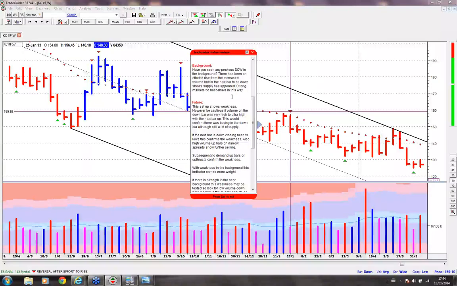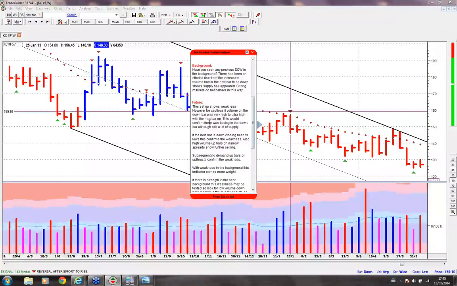Future. This setup shows weakness. It's very, very specific, one of the most specific in the software, and there are many of them like this. And you've got an upthrust behind you, you've got supply present, and you're in a downtrend. So start ticking the boxes. These are my checklists. Tick, tick, tick, tick. Yeah, this works. Okay.